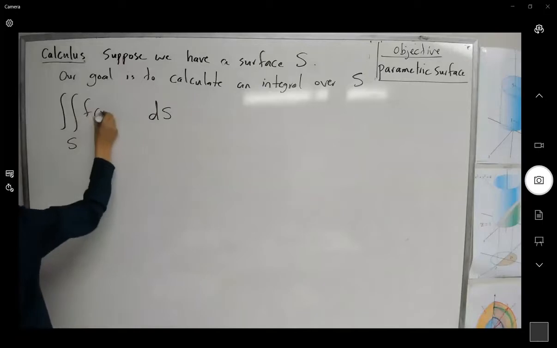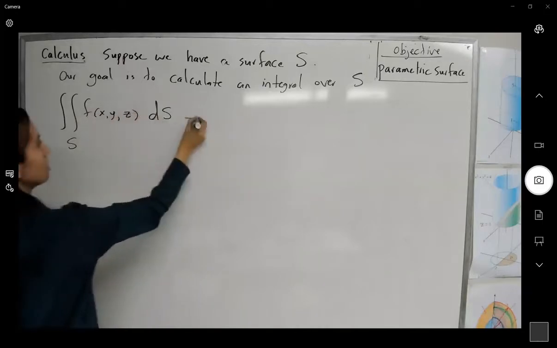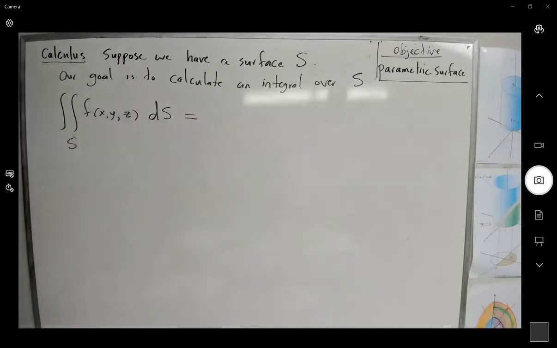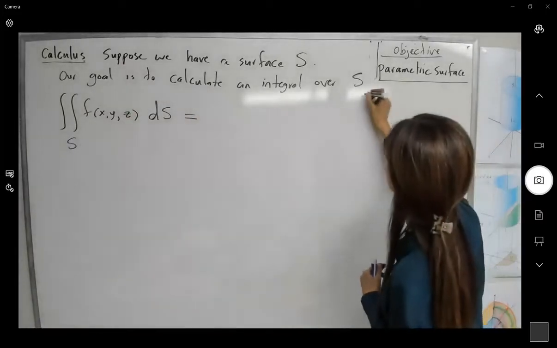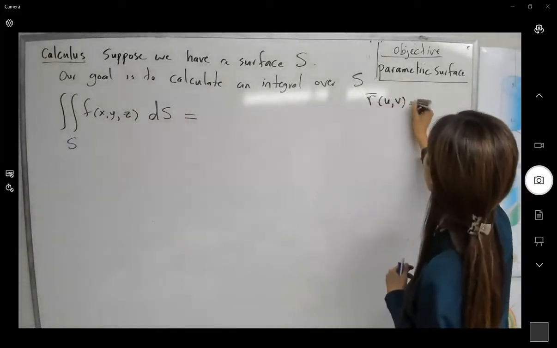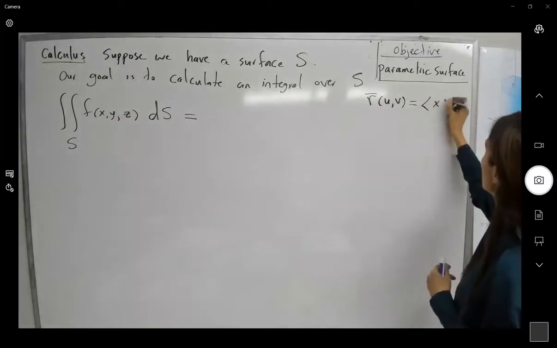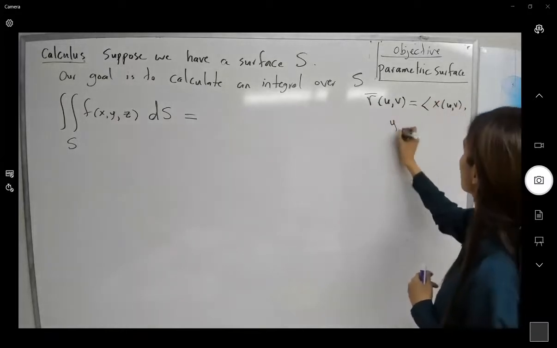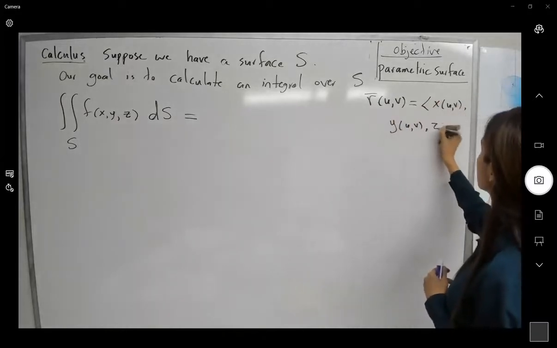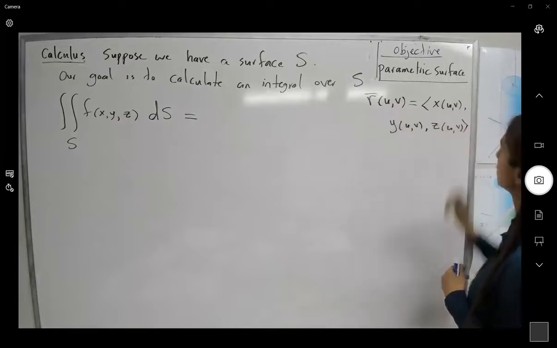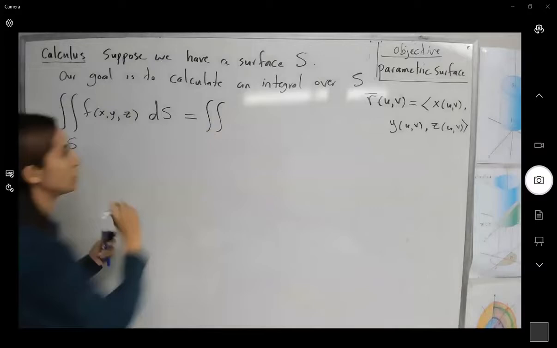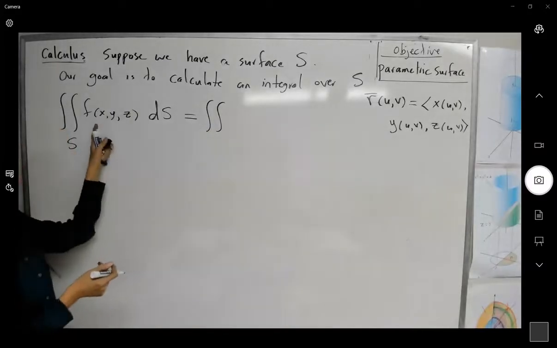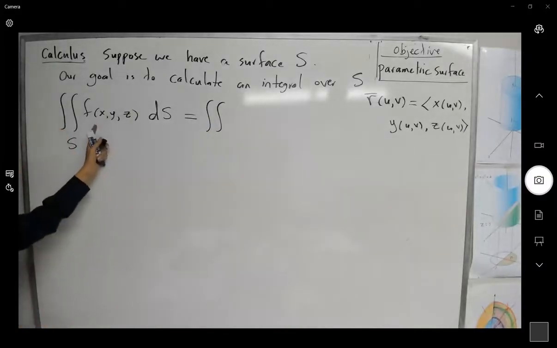f of x, y, and z is equal to, well, here if we write S in parametric form, x of u and v, y of u and v, and z of u and v, then this becomes the double integral of, now wherever you see x, you use x of u and v, y of u and v, and z of u and v.